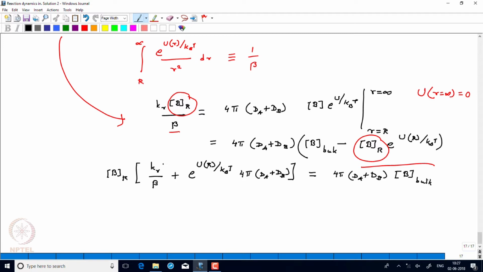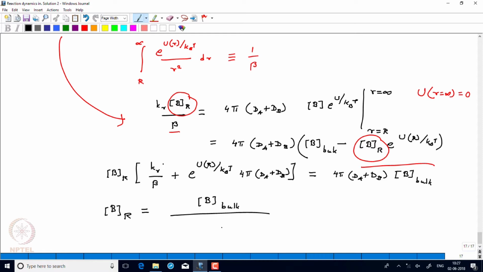So now we can easily see what will be the value of B at R. That will be nothing but B at bulk times the 4 pi dA plus dB, but we can actually divide the numerator and denominator again by 4 pi dA plus dB, and you know how to do it.